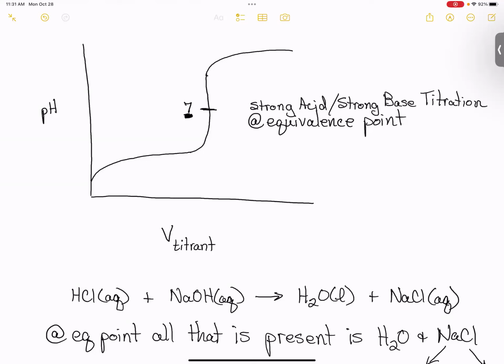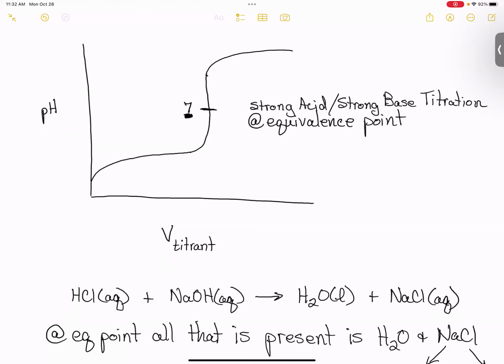Now, the document I passed out to you allows you to calculate the pH at various stages throughout the titration. Step number 1 should be to go back to college chemistry 1 and calculate what the equivalence point is.